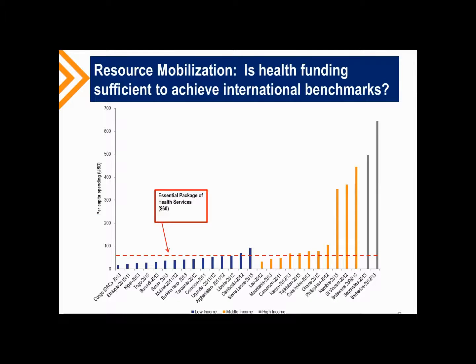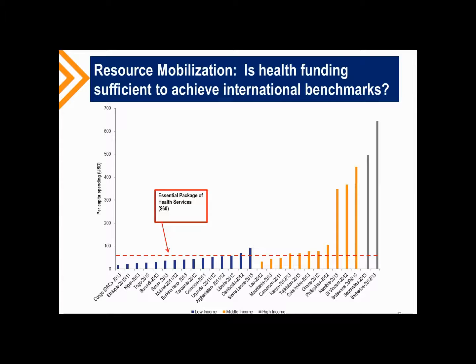Finally, one last question we wanted to talk about in terms of resource mobilization is a question that many countries grapple with: is health funding sufficient to achieve international benchmarks? Countries can use health account spending data to measure their progress towards benchmarks and their progress in relation to their peers.